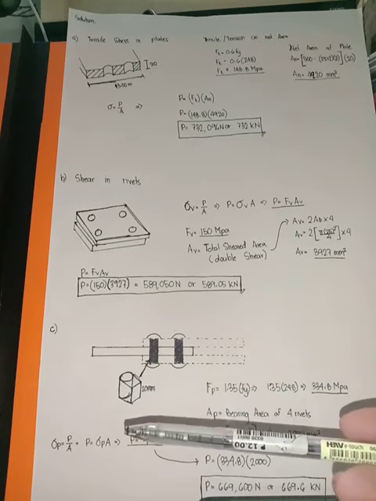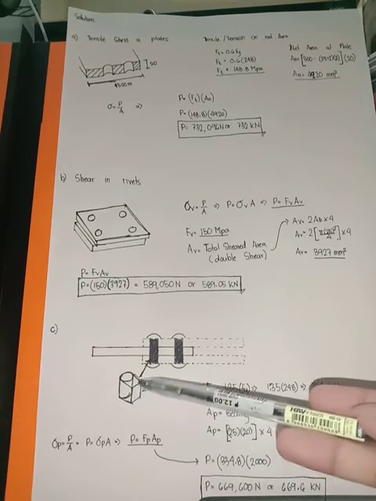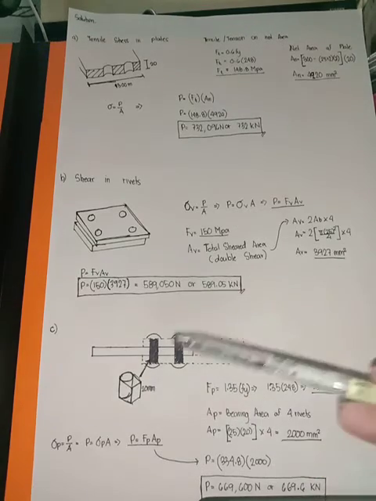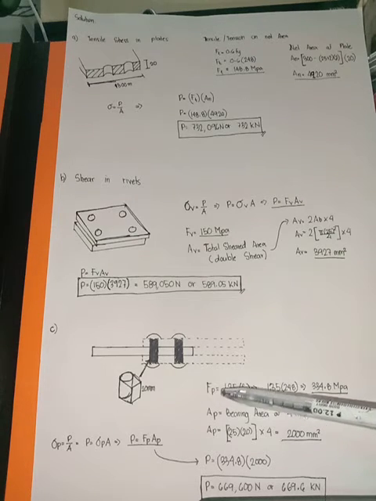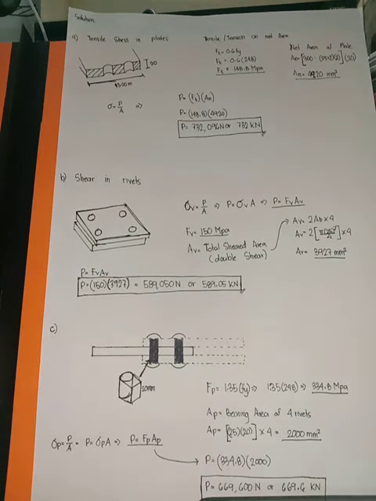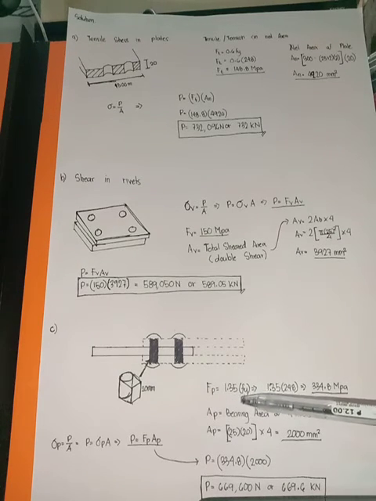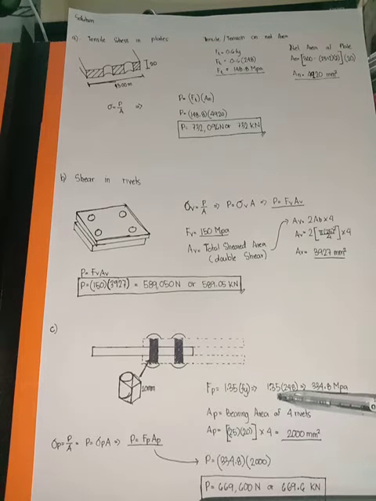The allowable bearing stress Fp is equal to 1.35 Fy, our limit on the bearing stress. So we have 1.35 times our Fy, which is the yield strength equal to 248. So the answer is equal to 334.8 megapascal.